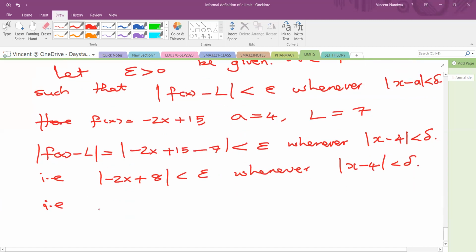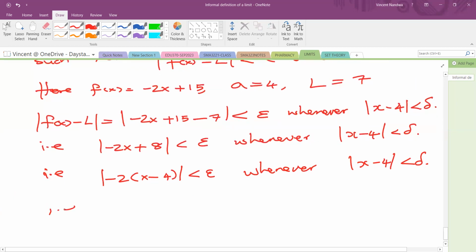This still means, now the common factor between minus 2x and 8 is minus 2, so minus 2 times x minus 4, the absolute value of which is less than epsilon whenever the absolute value of x minus 4 is less than delta. This means we'll have the absolute value of minus 2 times the absolute value of x minus 4 is less than epsilon whenever the absolute value of x minus 4 is less than delta.